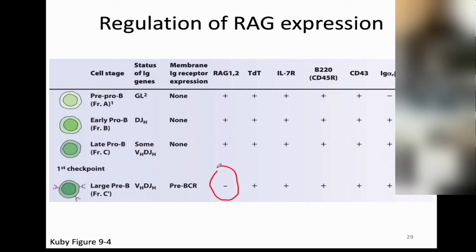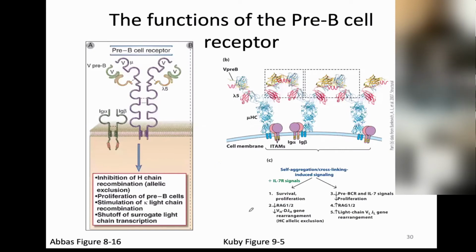This also leads to one other aspect of this process, and this leads us to something called allelic exclusion. And allelic exclusion is super important. So when we turn off RAG1 and RAG2, this is going to seem obvious, but I'm going to make it really clear.